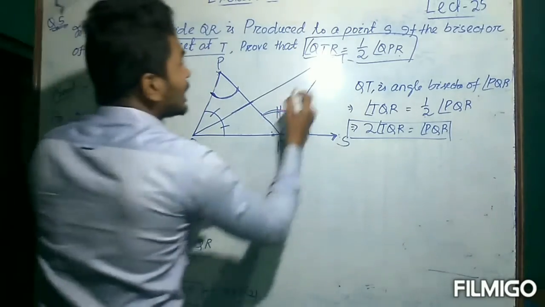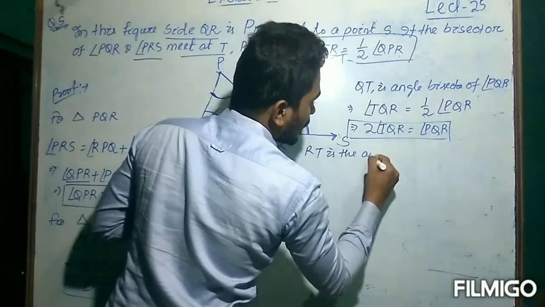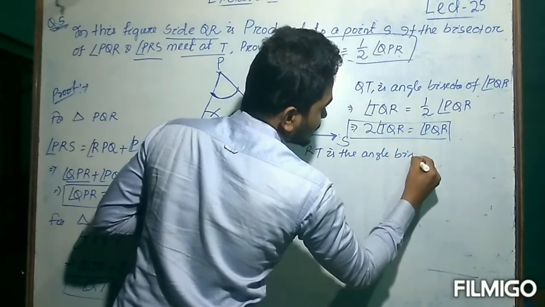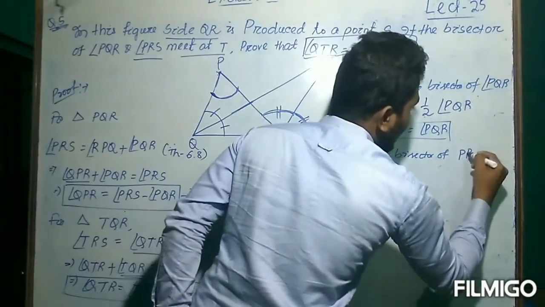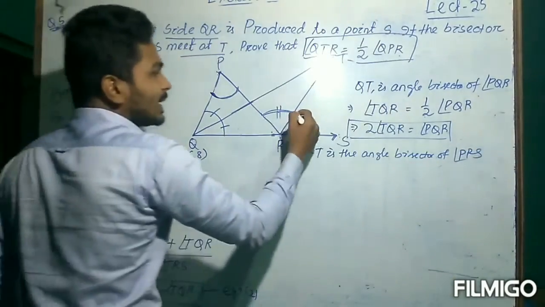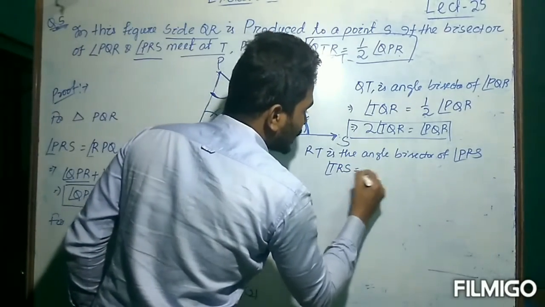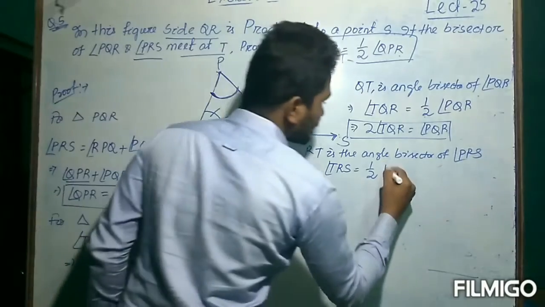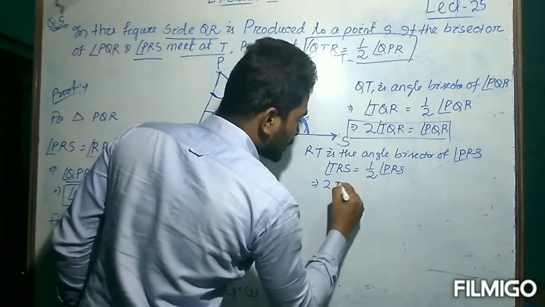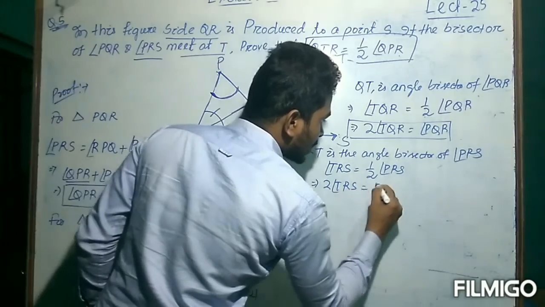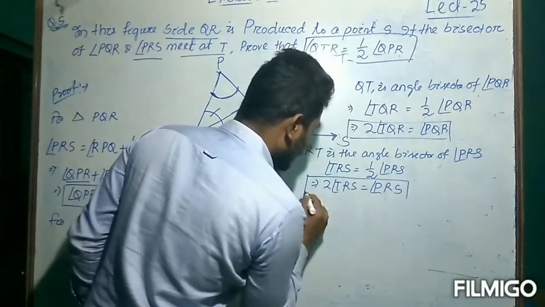So we can write that RT is the angle bisector of PRS. So this part TRS is equal to half of the total angle PRS. And similarly, when 2 moves to the left hand side, 2 times TRS is equal to PRS. Okay, you understood?